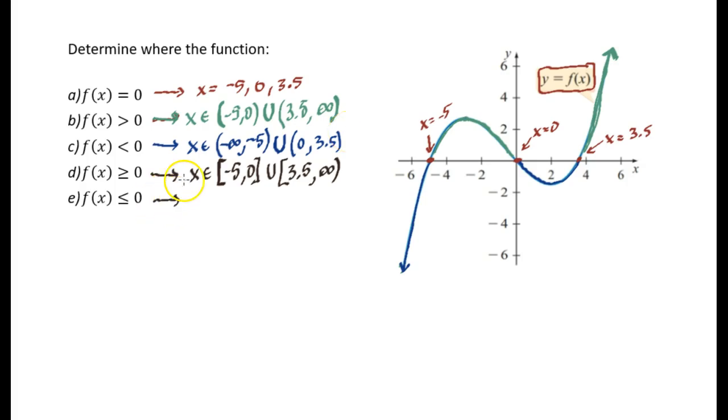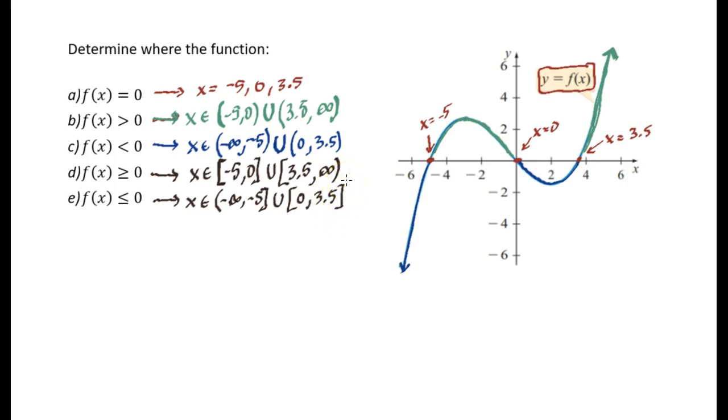There's no end result. Okay, less than or equal to 0, just like the answer for less than 0, but we're going to have some hard brackets on those numbers. So x is in negative infinity, soft bracket, -5, which includes -5, and then union, and then we would have hard bracket 0 up to 3.5, hard bracket.